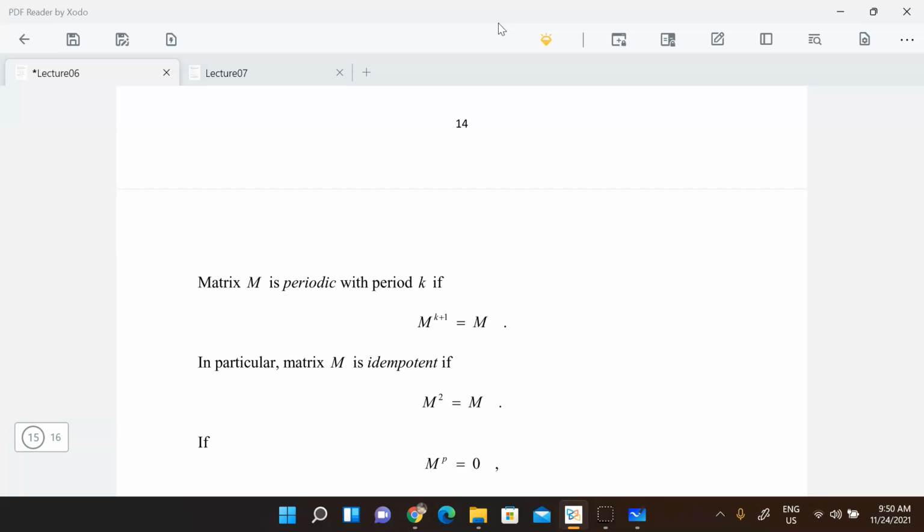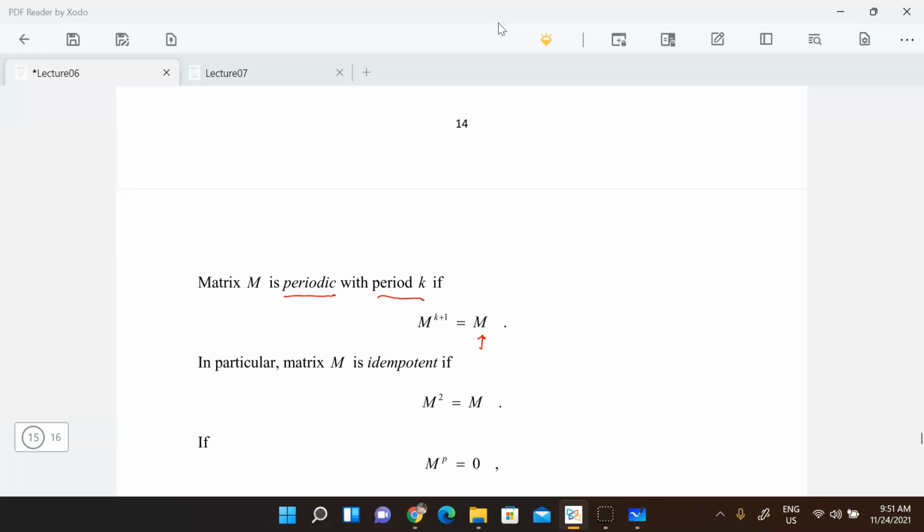If you have the case that there's a power of M that returns you back to the matrix M, then we call that matrix M periodic. And the period is determined by the powers over here. Suppose that this is a power of k plus 1, then essentially you have a period k.